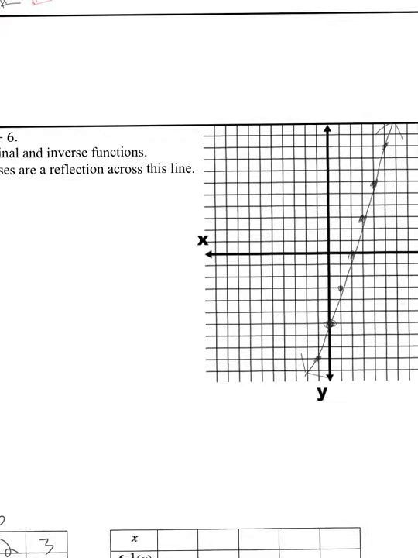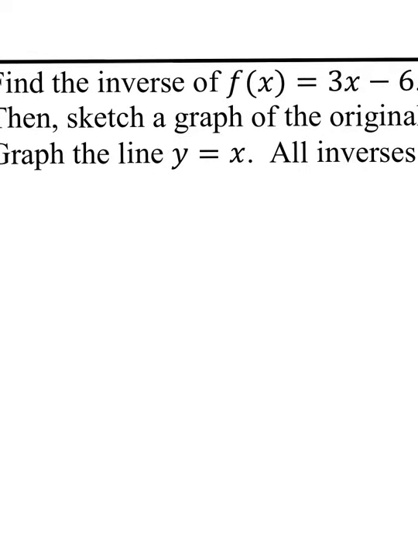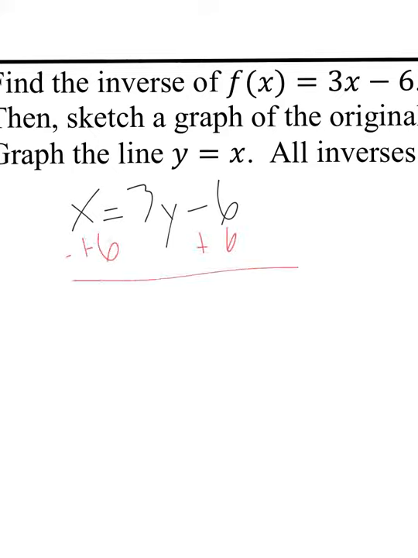So now let's turn our attention to doing the inverse of 3x minus 6. So first thing I'm going to do is switch the variables. X equals 3y minus 6. So that means I have to add 6. And I will get x plus 6 equals 3y.